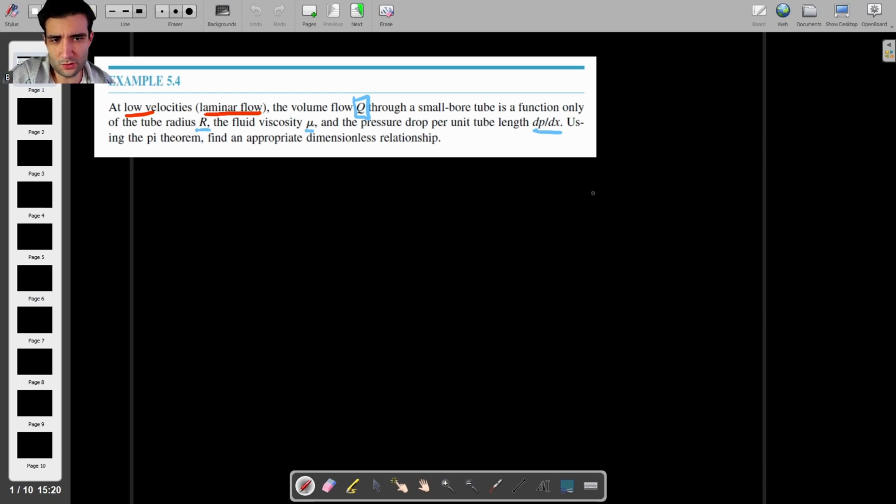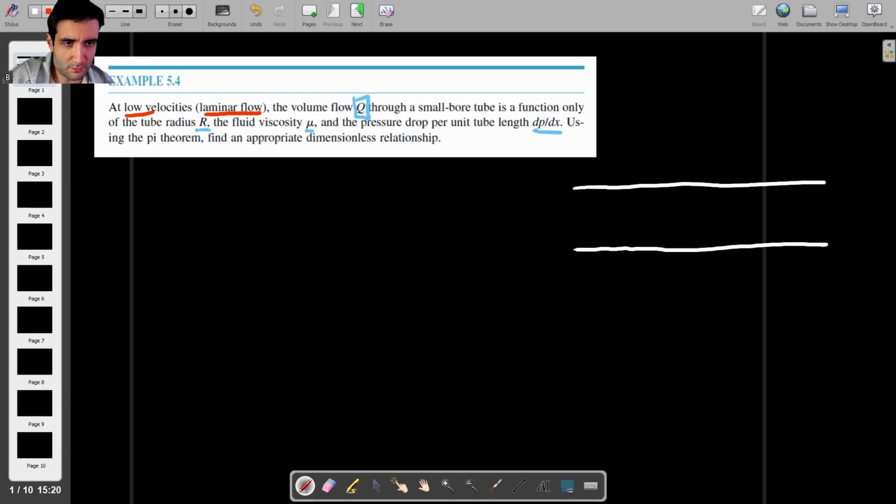If you want, you can make a drawing, but it's not really necessary in this case. So you have your pipe, right? Well, actually, the question doesn't tell us about the diameter, it tells us about the radius.